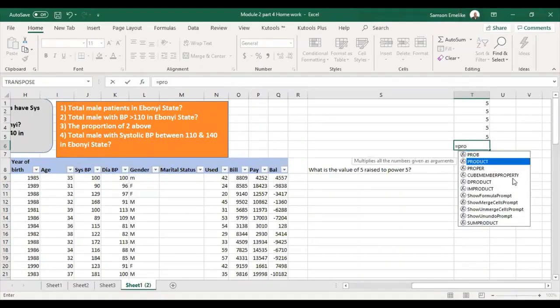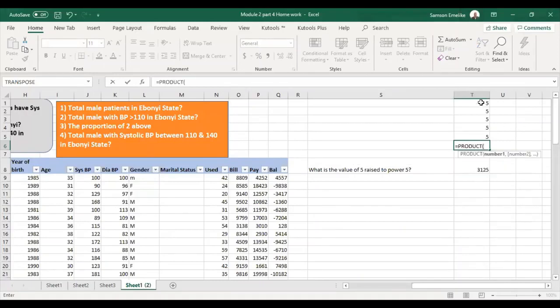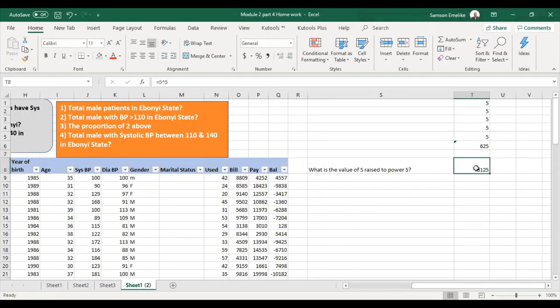You see my product here, and I'm going to select all this. Why are we getting a different thing? 5 times 5 times 5, 1, 2, 3, 4, 5.